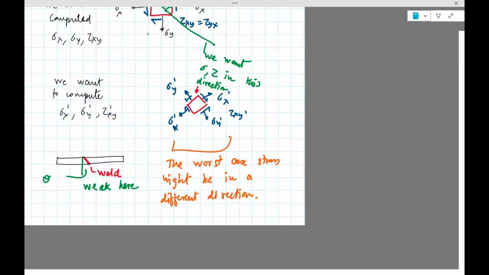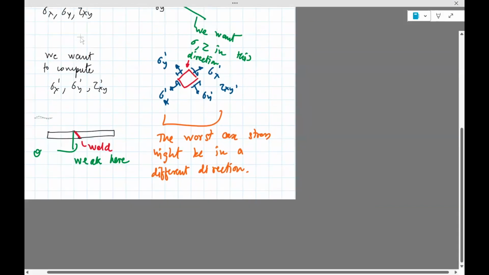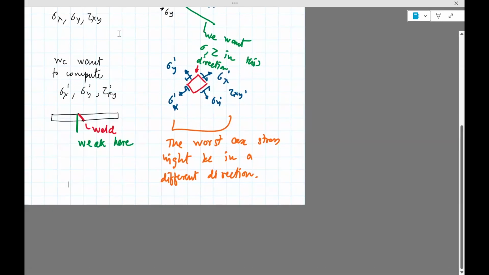So that's the point of Mohr's circle. It will actually give you the stress. Okay, so the way that you think of this is like this: sigma x, sigma y. I want to know the shear stress here in that particular direction, and the normal stress, sigma, of course, and this tau xy.